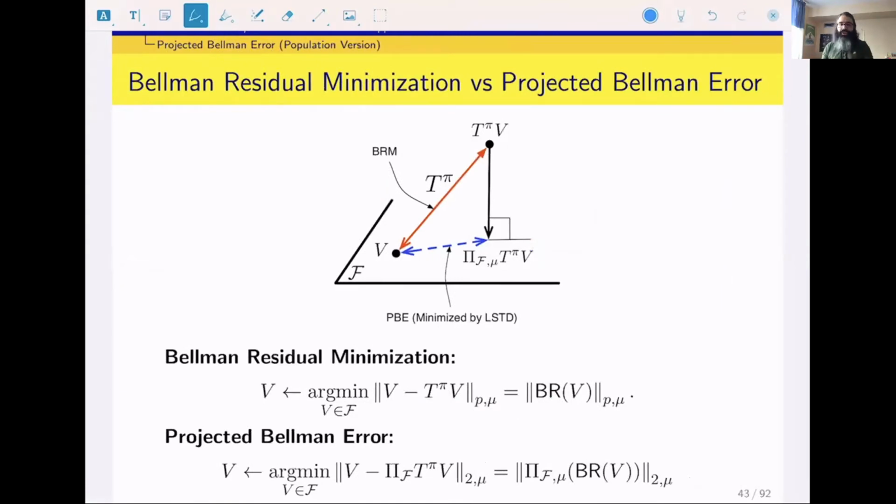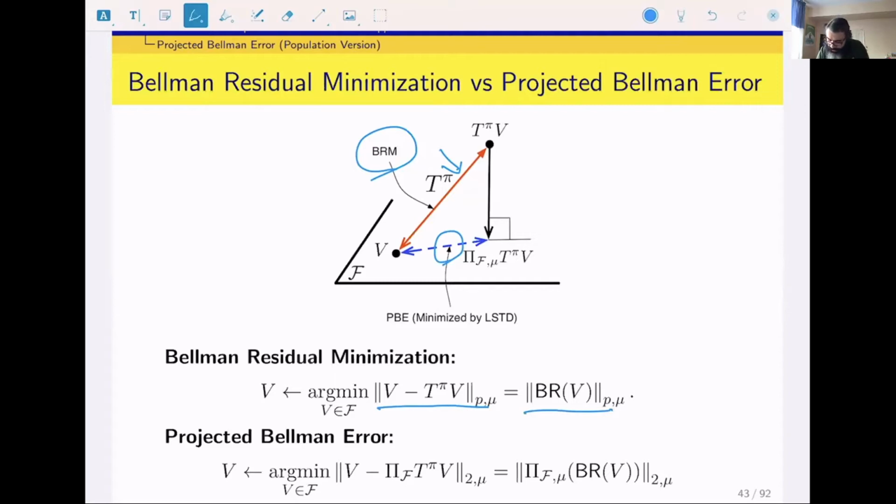So maybe this is a good time to compare Bellman residual minimization and projected Bellman error. Bellman residual minimization is minimizing this distance, as indicated here. Projected Bellman error is minimizing this distance. Bellman residual minimization can be written as minimizing the norm of V minus T pi V, the LP norm of the Bellman residual.